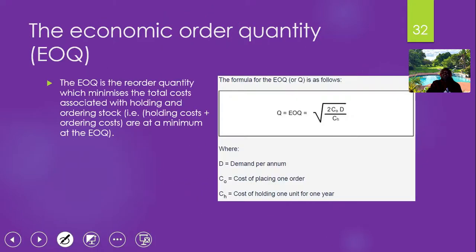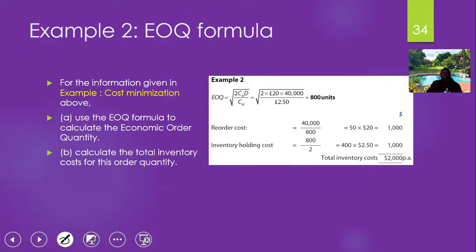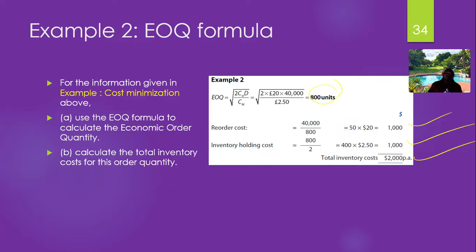So this is the same concept which was applied here, and this is why we obtain the 1,000. Then the inventory holding cost: that's the average inventory. If we are now ordering 800, the average is 800 over 2, that's 400, multiplied by $2.50, and we get 1,000. So the total inventory cost becomes 2,000.